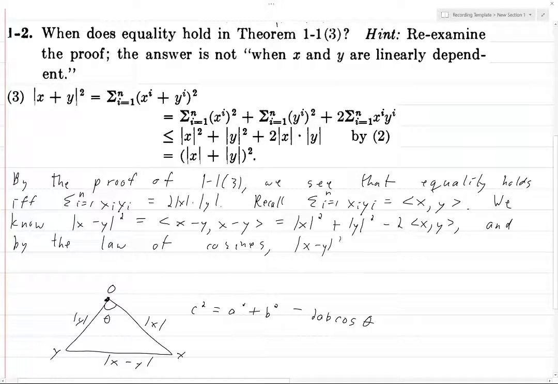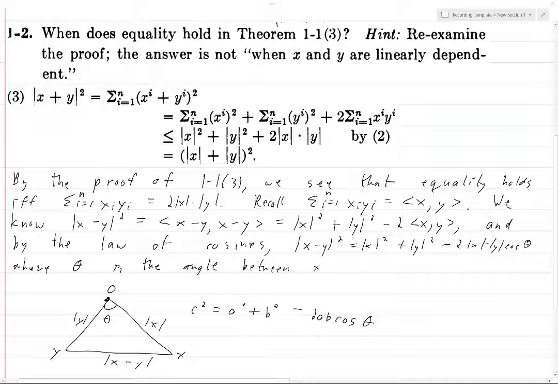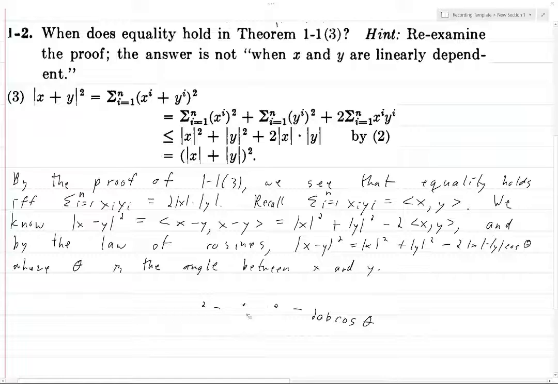It says precisely that the norm of x minus y squared is equal to norm x squared plus norm y squared minus 2 norm x norm y cosine theta, where theta is the angle between x and y.